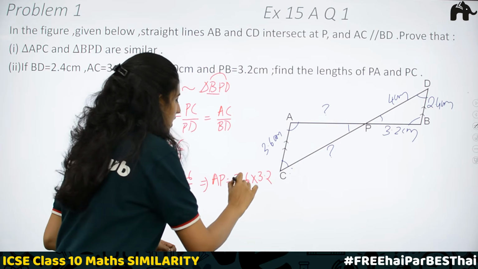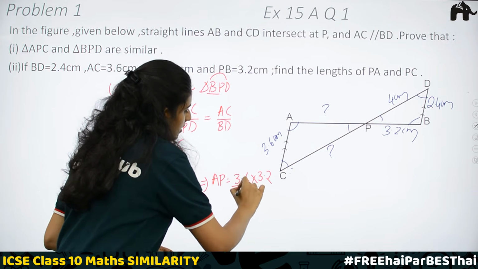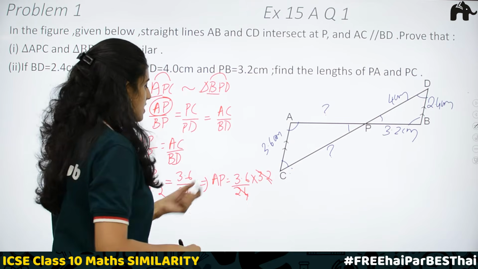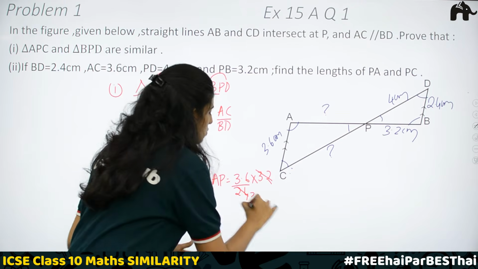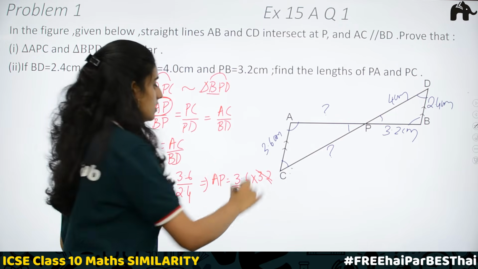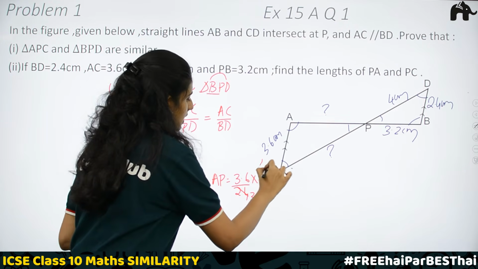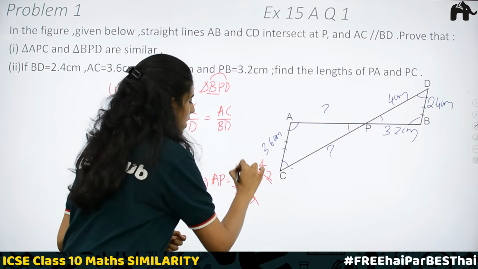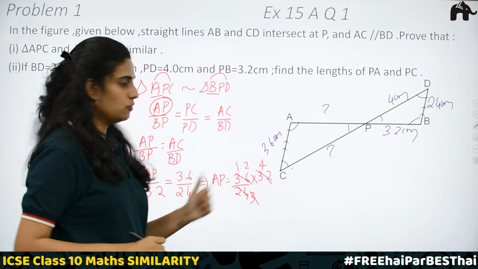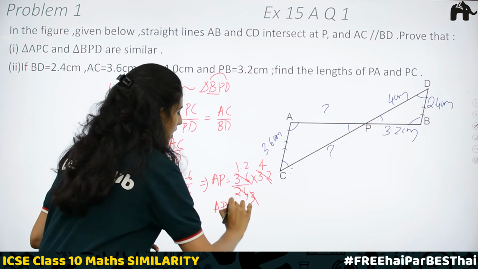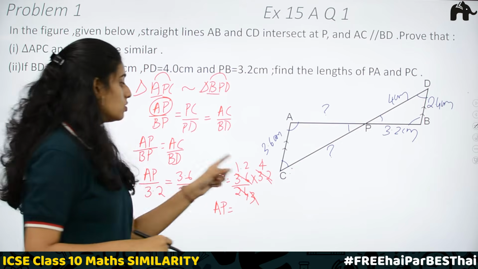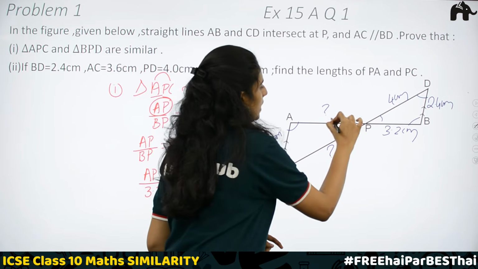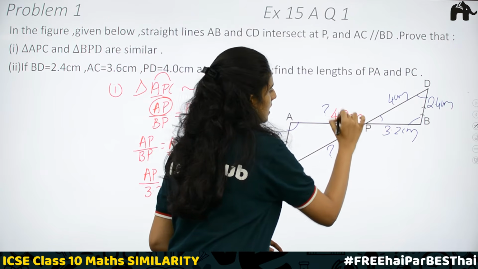Here 2.4 and 3.2 can be cancelled. 0.8 into 3 is 2.4. 0.8 into 4 is 3.2. So here I get 4. Now 3.6 by 3, what do we get? 1.2. 1.2 into 4 is 4.8. AP is equal to 4.8 centimeter.